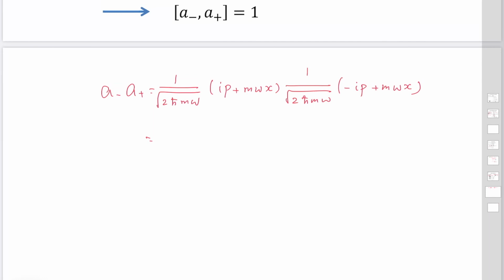The square root of 2 h bar m omega is a constant, so you can multiply. It becomes this.